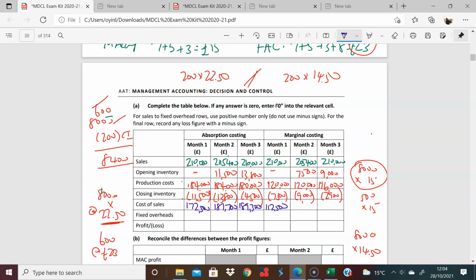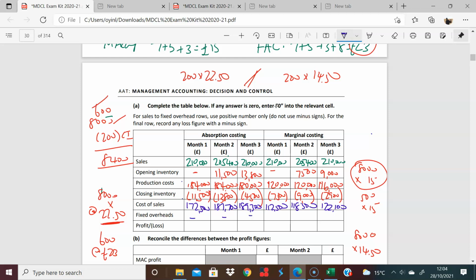Then you have 7,500 plus 120 minus 9,000, and that's 118,500. And then finally, I have 9,000 plus 116 minus 2,900, and that's 122,100.